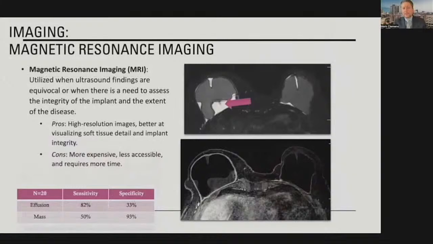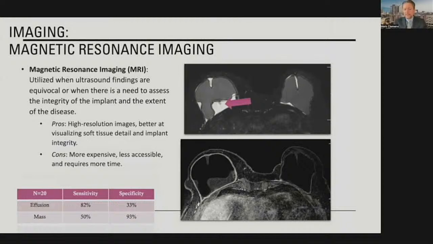If we turn to MRI, that's our second line of imaging, utilized if there are suspicious symptoms, for instance, if an ultrasound is inconclusive or equivocal. MRI can show more detail of the chest wall, and might show more findings that might be indicative of BIA-ALCL.